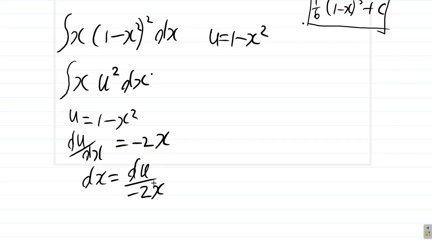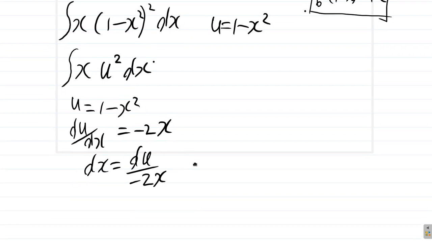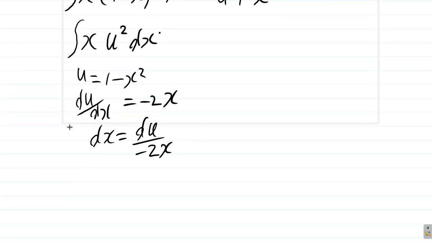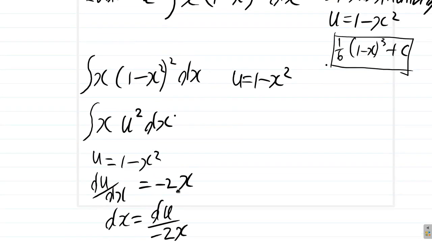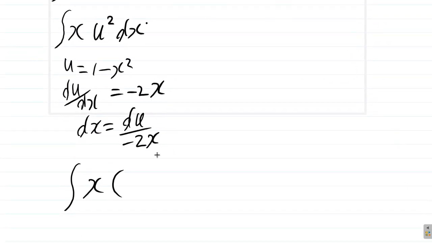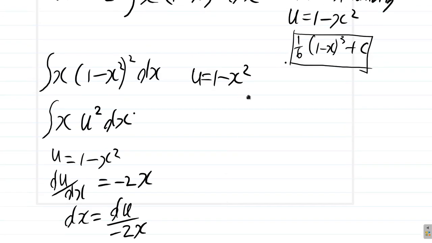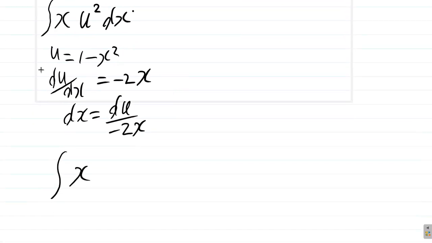Now we're going to substitute dx here. So what we have is the integral of x times (1 minus x squared) squared. Oh, we know that 1 minus x squared is u, so it is u squared that we have here.